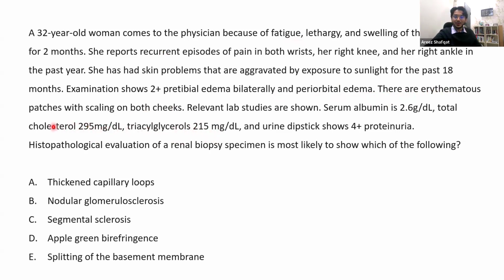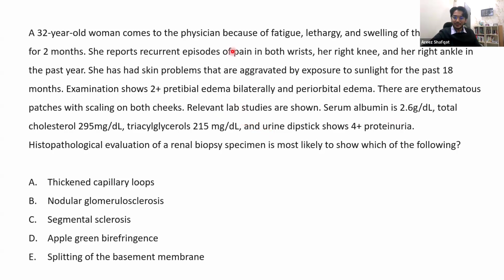This would cause thickened capillary loops in the kidney. As you know, there's 6 types of lupus nephritis. Type 4 is the most common, which is a nephritic syndrome. Lupus usually causes nephritic syndrome, but type 5 lupus nephritis causes membranous nephropathy, okay, which manifests with thickened capillary loops. That's the classic case of lupus nephritis type 5, which is membranous nephropathy.